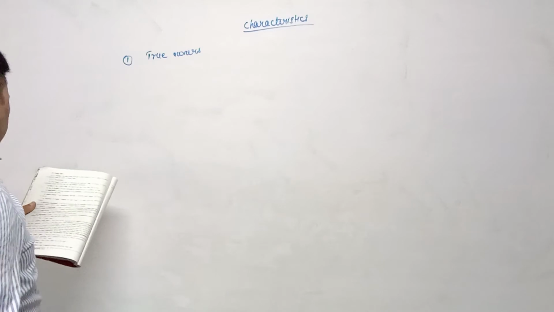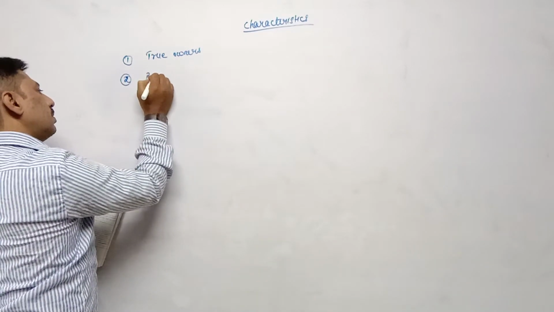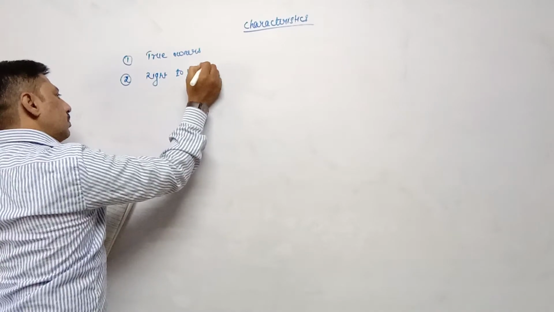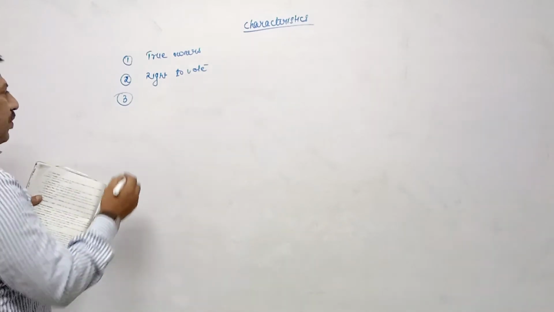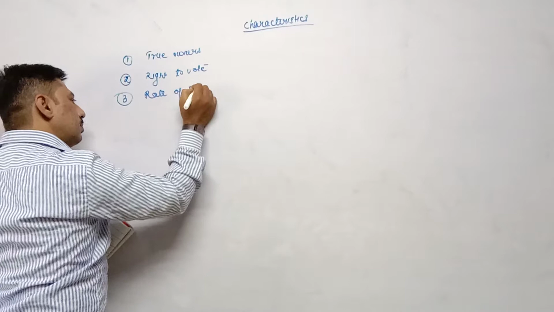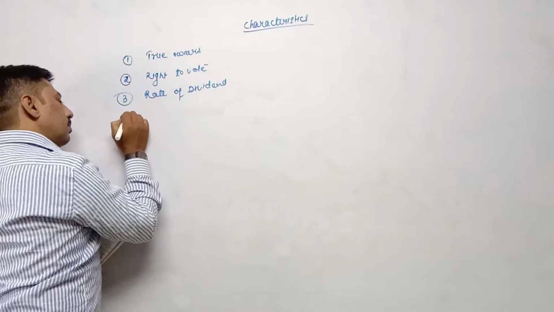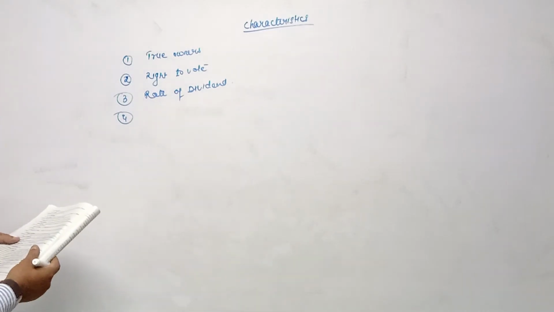True owners. Second point is right to vote. Third one is rate of dividend. Fourth one is profit related.